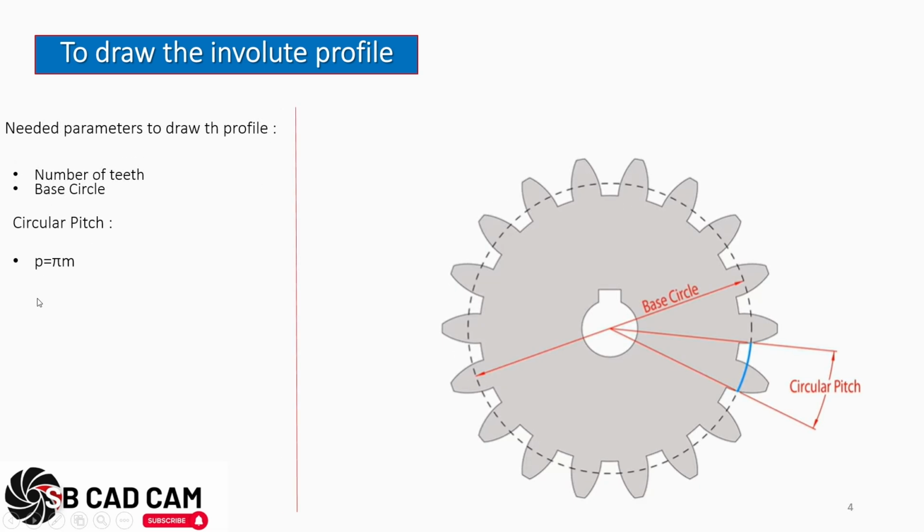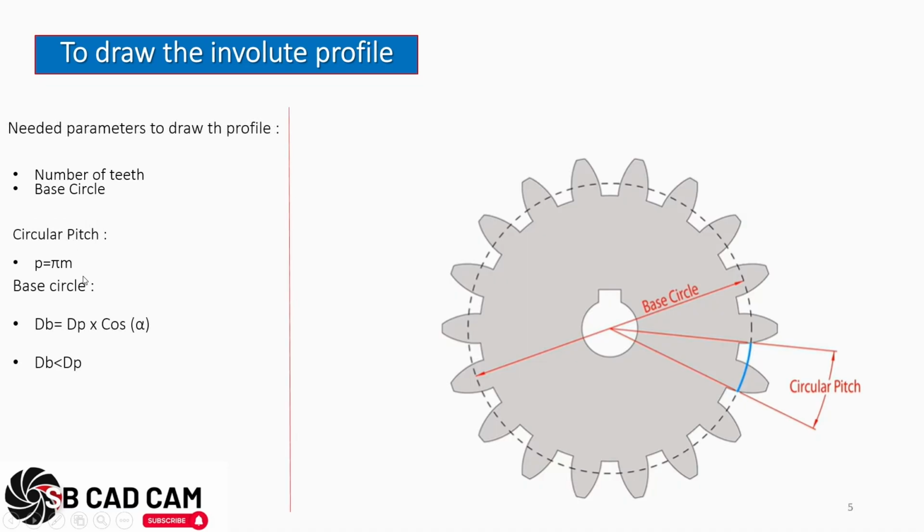Then we will need the circular pitch. We can calculate it: P is equal to pi multiplied by m, the module. Then we can calculate the base circle by multiplying the pitch circle, which is also important, by cosine of alpha.